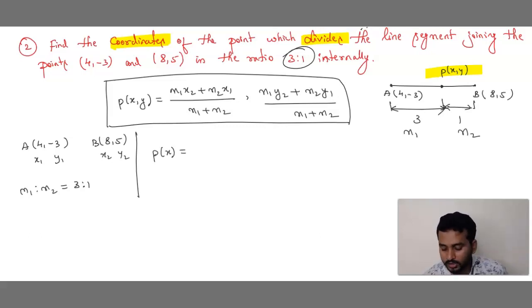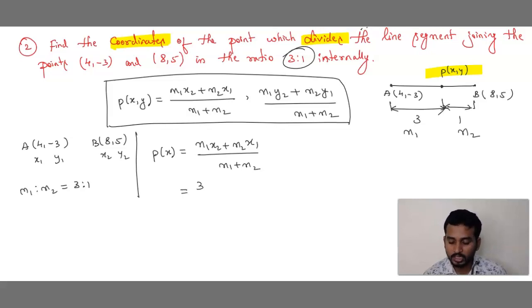If you want x, what should we do? P of x is equal to m1 x2 plus m2 x1 by m1 plus m2. Okay, this is x coordinate. What is the value of m1? 3. Can you see this? This is m1, this is 3. m2 is 1.